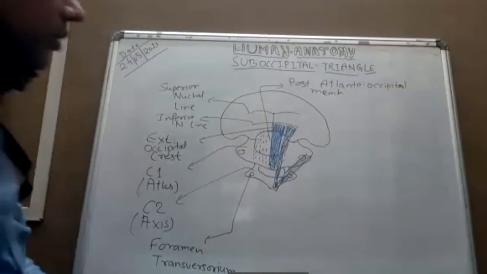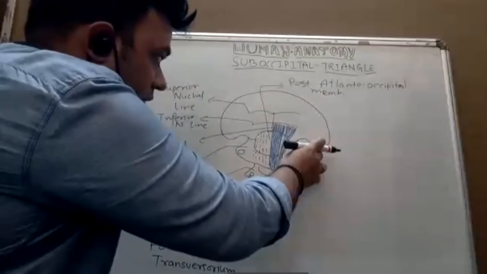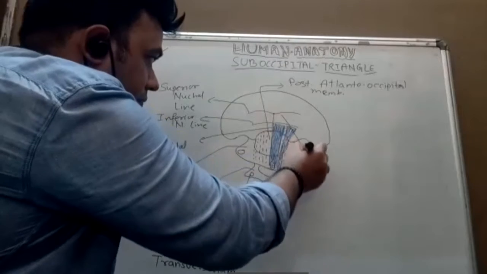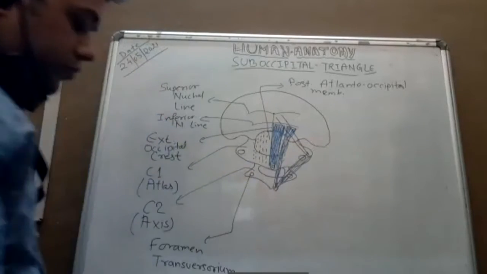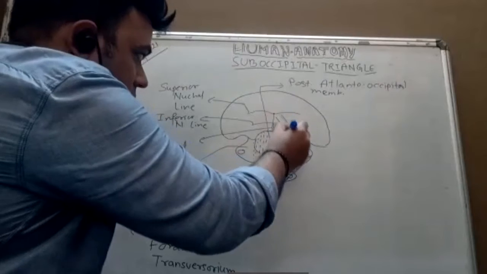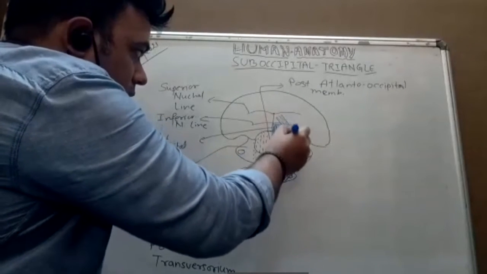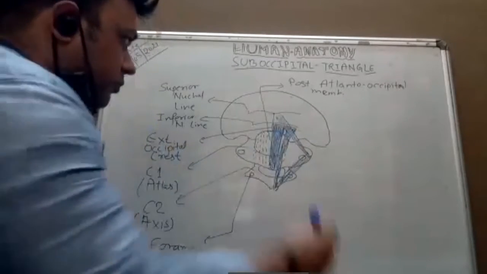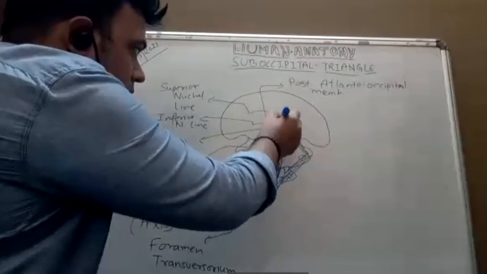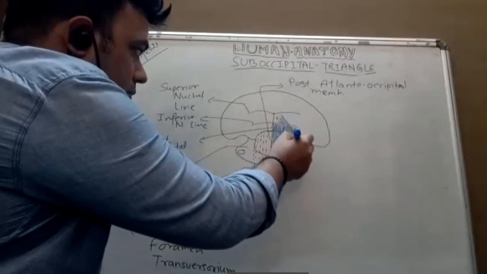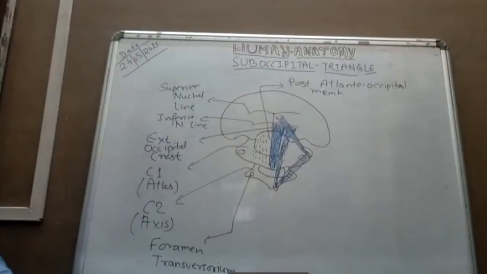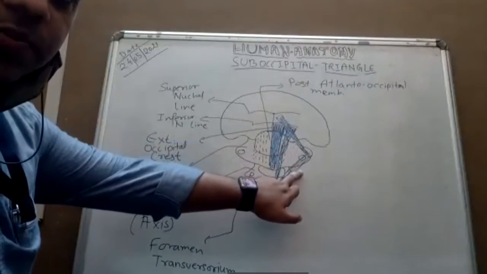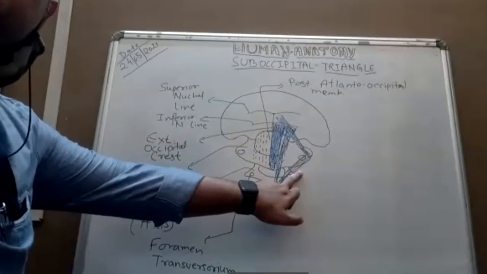And from the lateral tubercle to the occipital bone. Supralateral, infralateral. Supralateral is the obliquus capitis superioris, and inferior is the obliquus capitis inferioris.